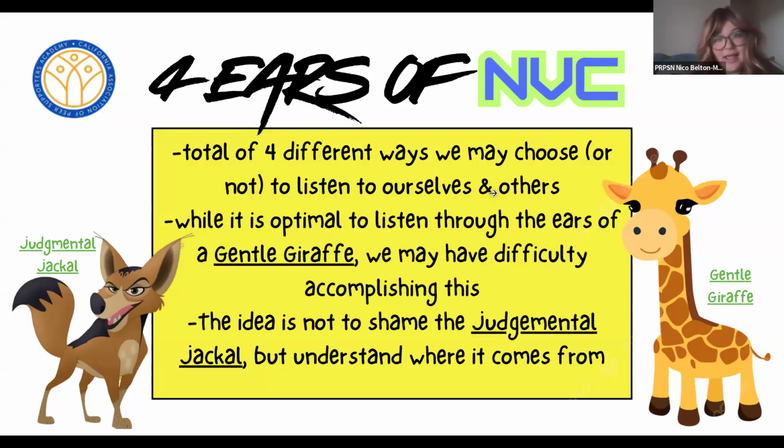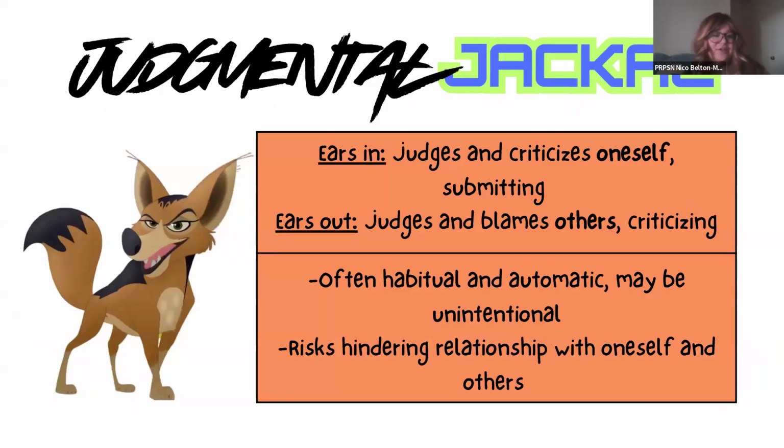So, as an example, we have the judgmental jackal. So, the two ears, one of them is for ears in, which is when it pertains to you, and ears out is when it pertains to other people. So, with the ears in, the judgmental jackal often judges and criticizes themselves, submitting in situations.